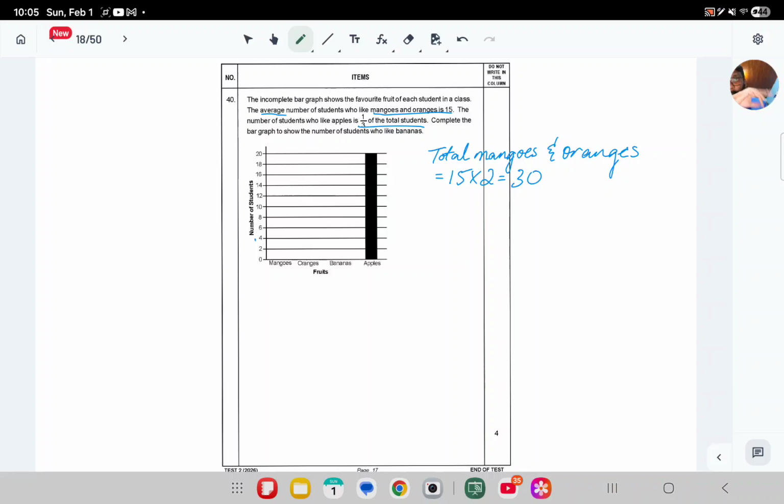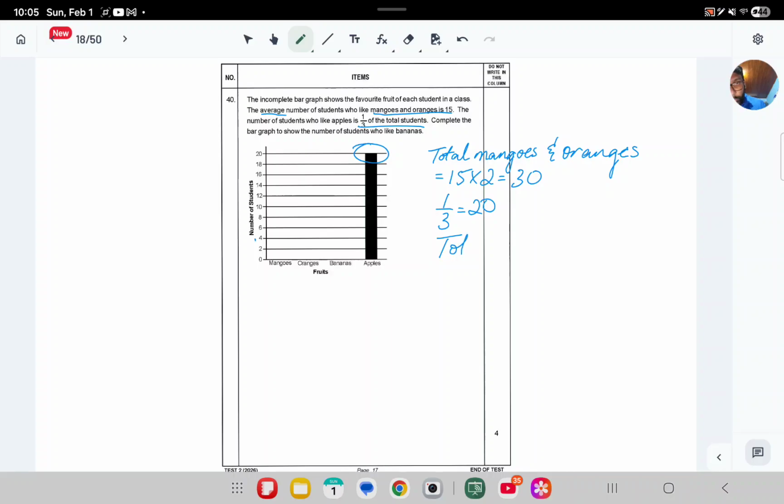They said the number of students who like apples is 1/3 of the total. So 1/3 is equal to the number of apples, and we could extrapolate from the graph that apples is 20. So we have a fraction and the quantity that it is equal to.